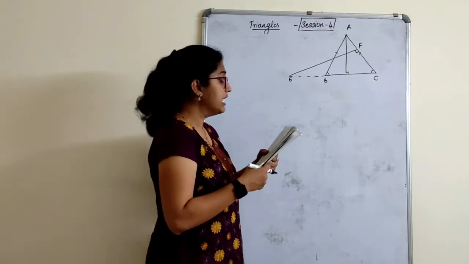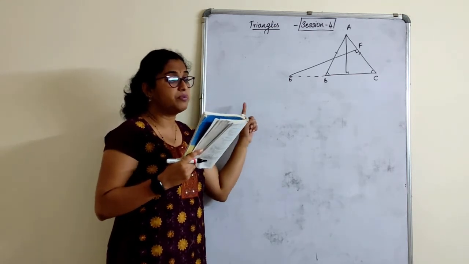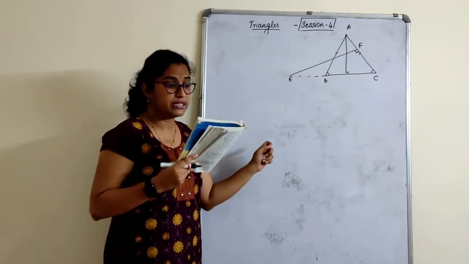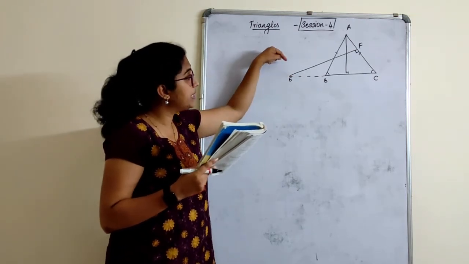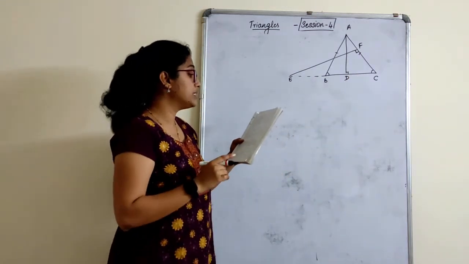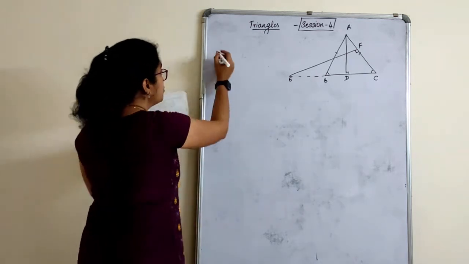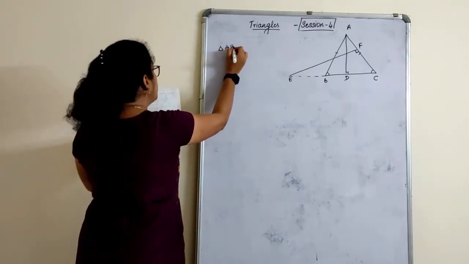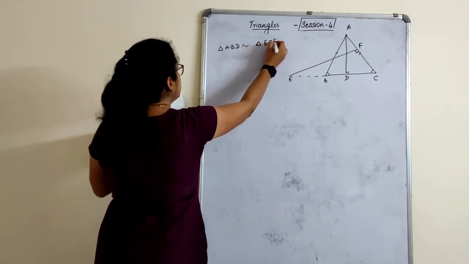I'll read the question. Given, the same thing you will write, children. E is a point on side CB produced of an isosceles triangle ABC with AB equal to AC. If AD is perpendicular to BC and EF is perpendicular to AC, prove that triangle ABD is similar to triangle ECF.